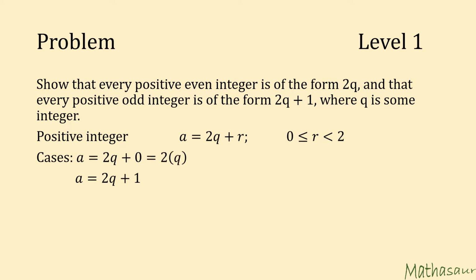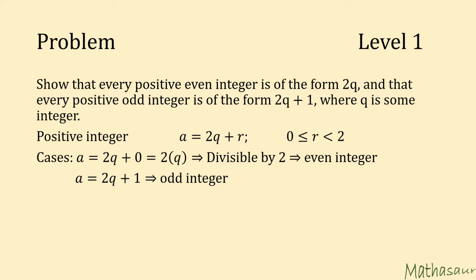In the first case, we see that a is equal to 2 times q, which means that it is divisible by 2. So a = 2q would be an even integer. Now since we either have even integers or odd integers, the integers that are not even shall be odd. Here 2q + 1 would represent odd integers then.